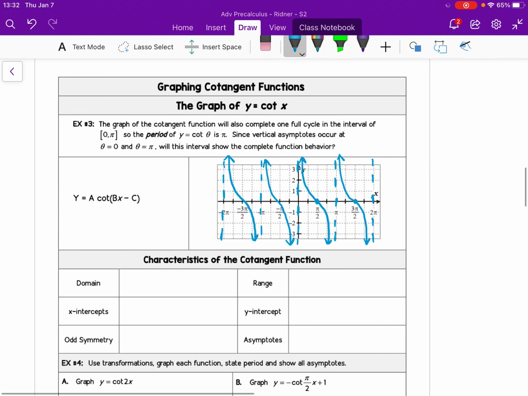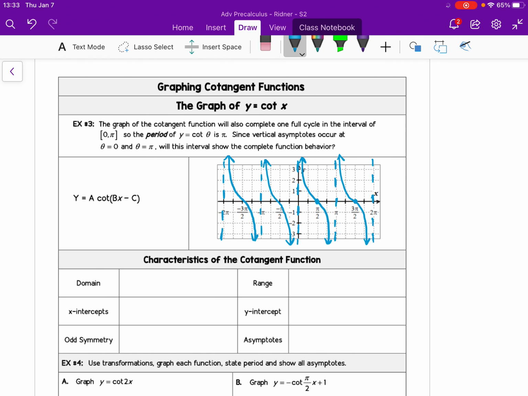In the meantime, let's look at the cotangent function. Looking at your table at the top, if you wanted to pull open the class notebook from Canvas, you can pause the video to do that. It might be the easiest way, but I feel like if I scroll up and down too much, I give everybody whiplash.